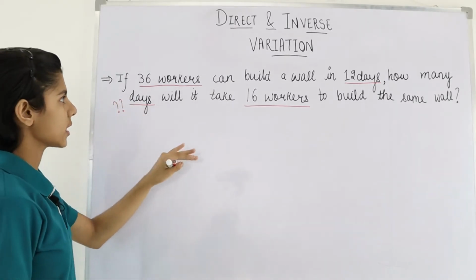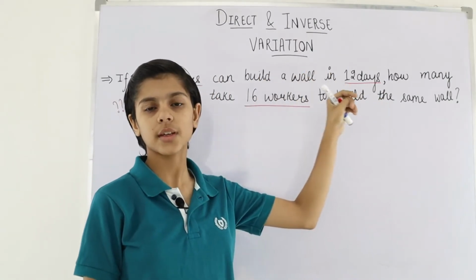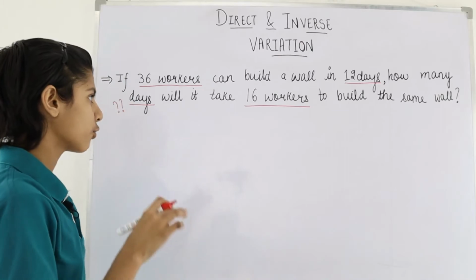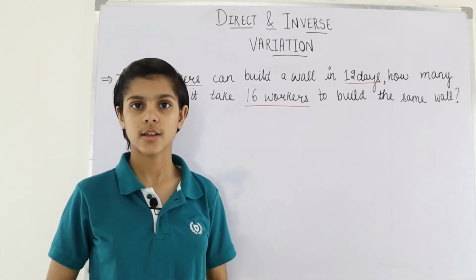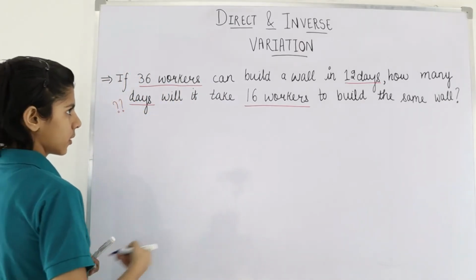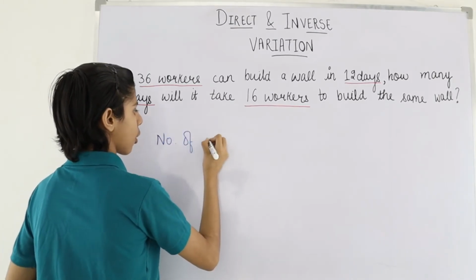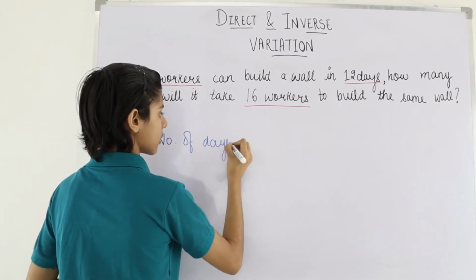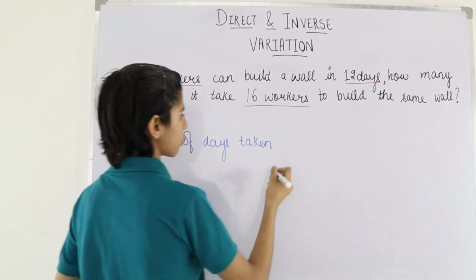So by this we can understand that 36 workers and their days are given in which they can build a wall. Now we have to find the number of days taken by 16 workers. To solve this we will write the number of days taken by 36 workers.